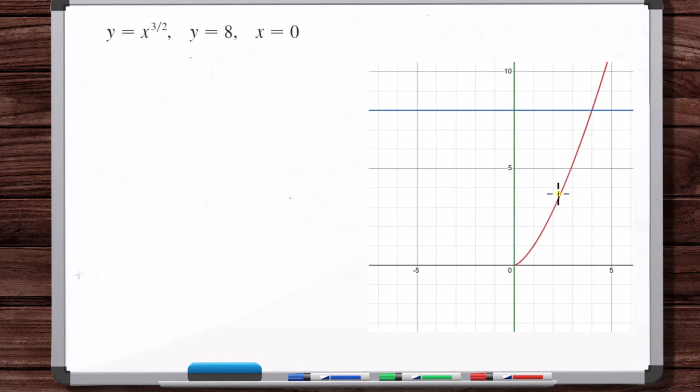The function's evaluated at the midpoint. So if we're going to rotate elements like this about the x-axis, okay? And so we're going to be integrating from 0 to 8.